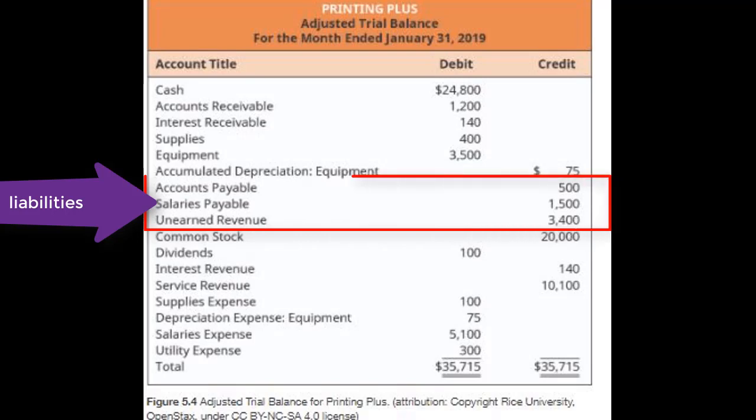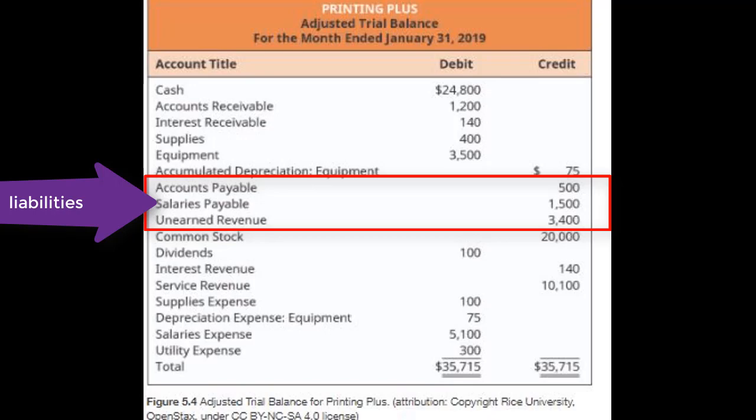Then we have our liabilities, which by and large are credit balances. Here we have three: accounts payable, salaries payable, and unearned revenue payable.